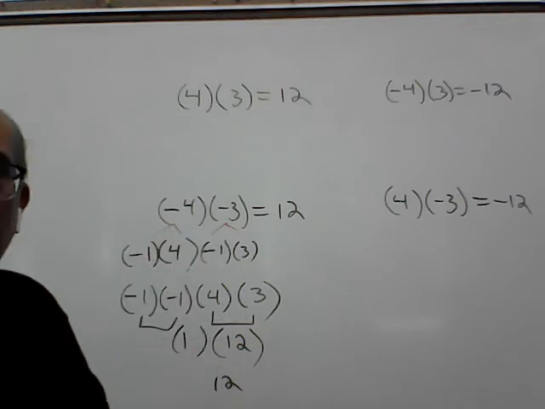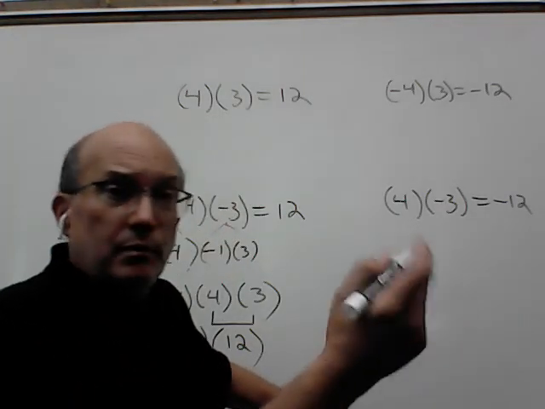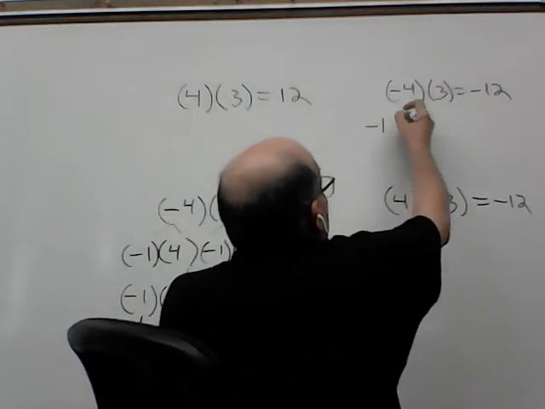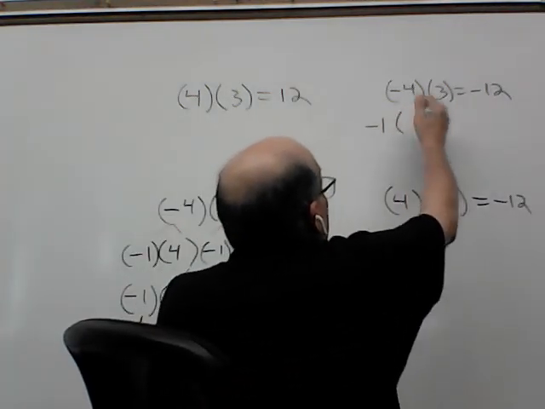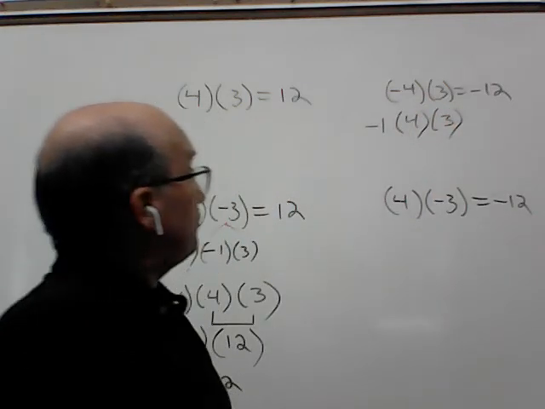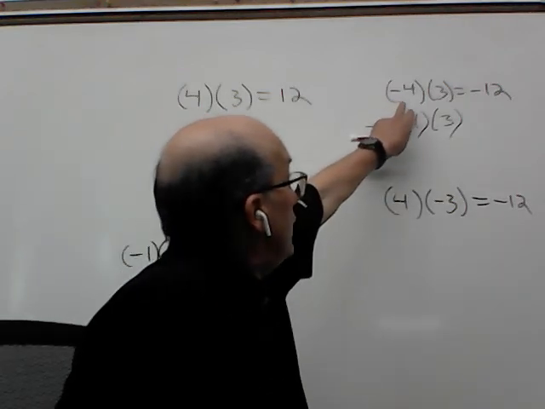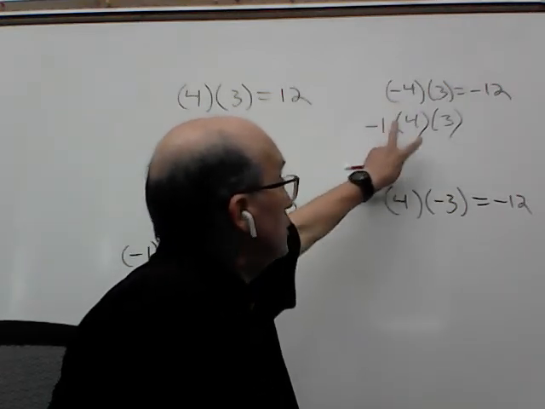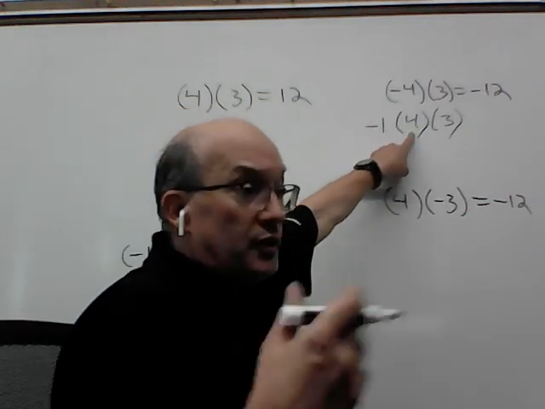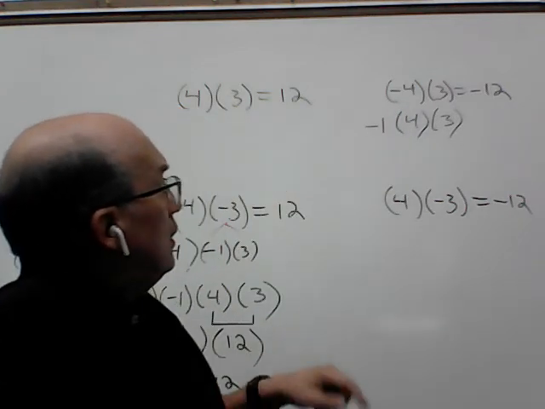-4 times 3 is -12. We claim, according to the rule, that's true. Well, let's rewrite -4 as -1 times 4 and then times 3. We have already proven that when you multiply a number by -1, you get its opposite. So -1 times 4 is the opposite of 4, which is -4.